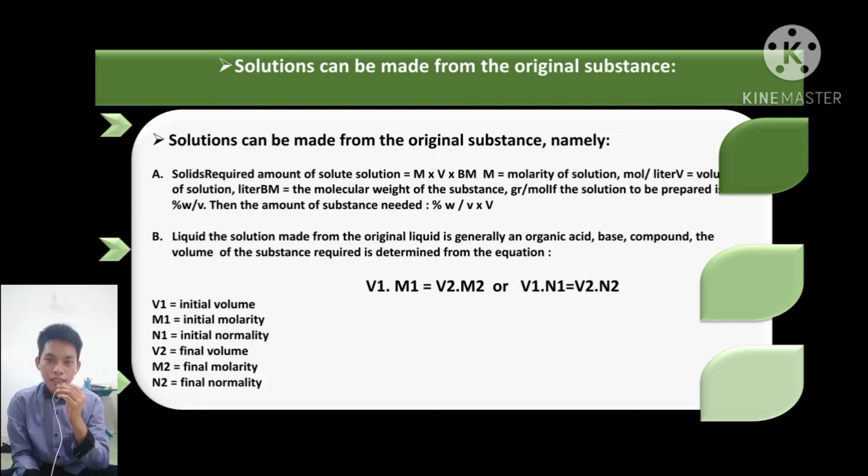The volume of the substance required is determined from the equation V1 multiplied by M1 equals V2 multiplied by M2, or V1 multiplied by N1 equals V2 multiplied by N2. V1 is initial volume, M1 initial molarity, N1 initial normality, V2 is final volume, M2 is final molarity, N2 is final normality.